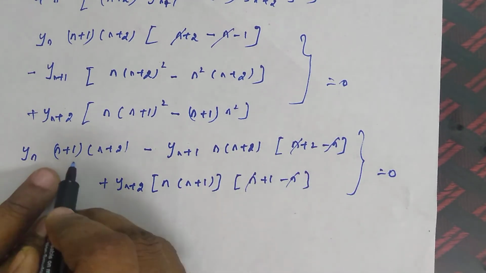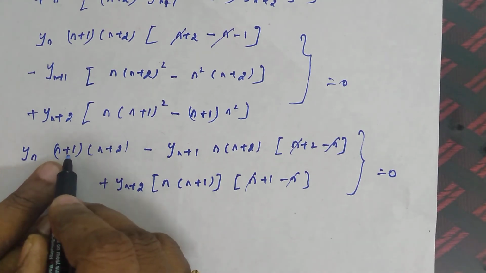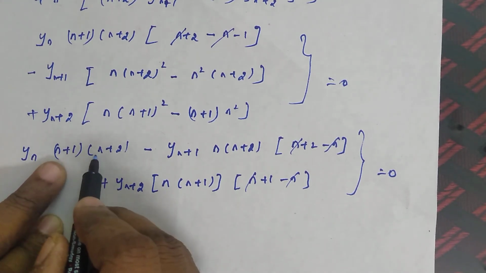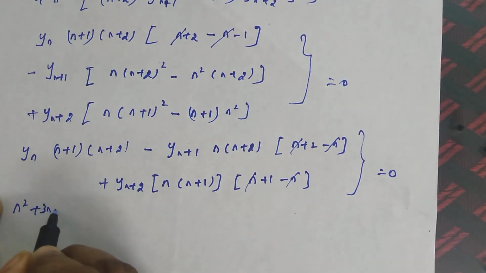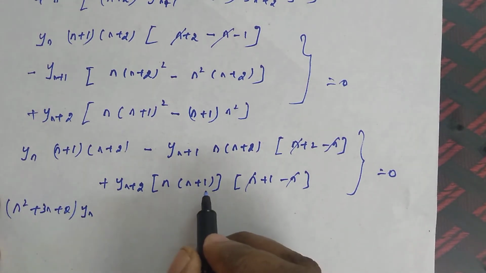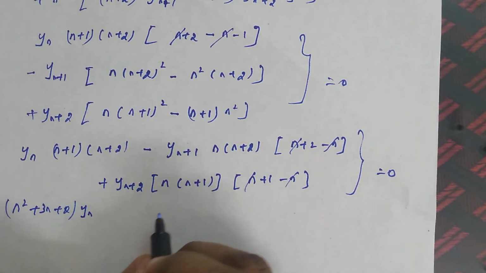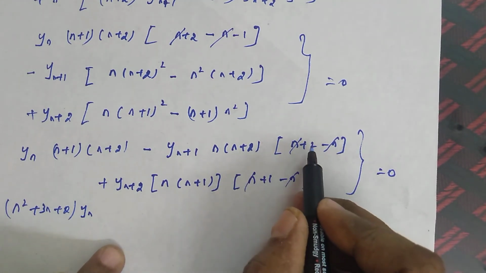Now look at this, plus n minus n, plus n minus n, like that will cancel. Write the remaining terms, and here you can multiply these two. You get n square plus 2n and here 1n. So n square plus 3n plus 2 into y(n). For the next term we get minus, plus n minus n will cancel, 2 only there.